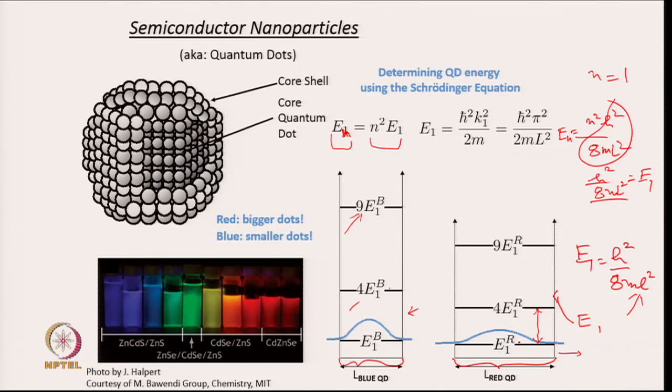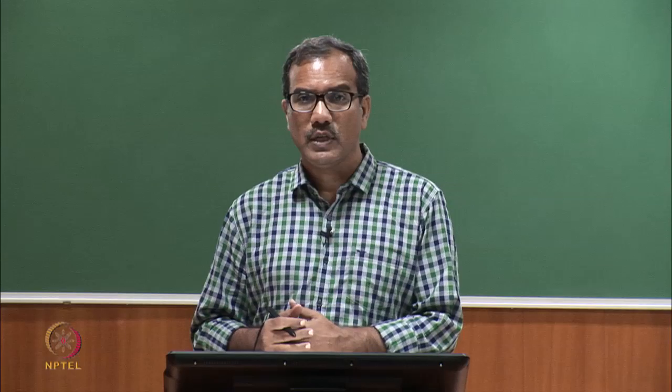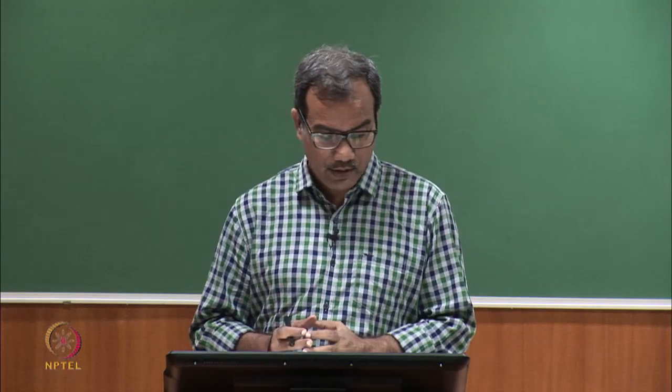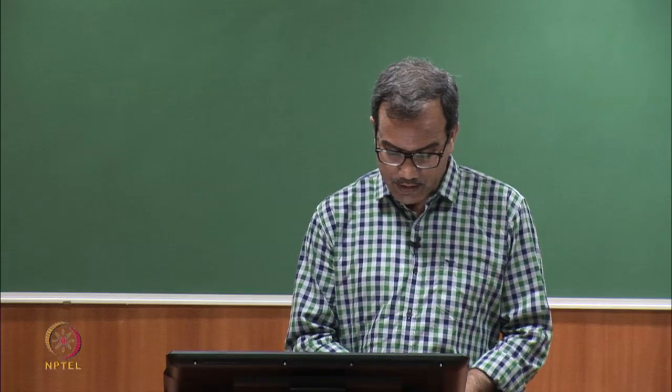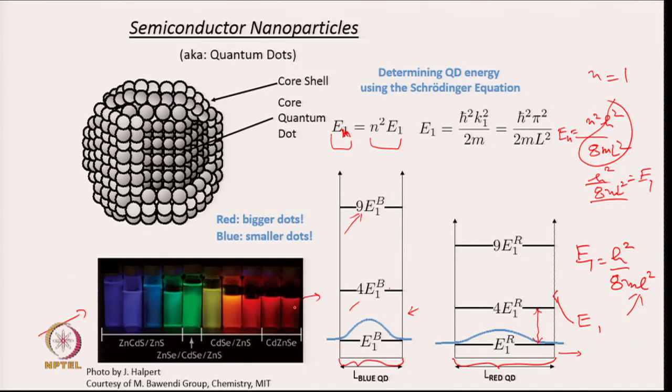What that means is that if delta E is small, lambda will be large. So if we are going from a smaller quantum dot to a bigger quantum dot, what you will get is something like this. Color will change from blue to red. Red means bigger dots and blue means smaller dots.